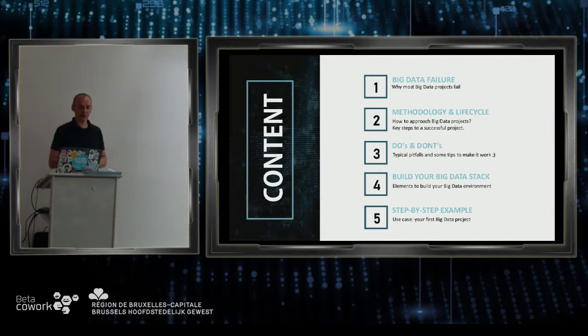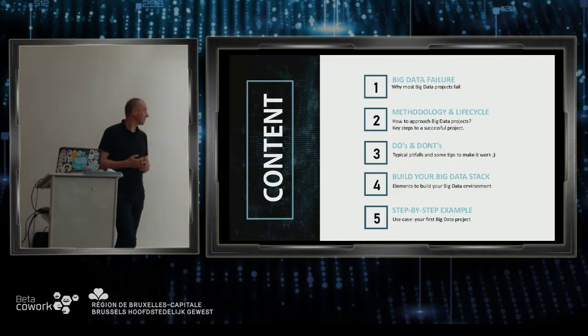And so there's 5 main topics we'll be covering. Why most big data projects fail. Maybe I'll ask some questions about this later. Then the methodology and the life cycle of a big data project, the do's and don'ts, the things that we learned and many others have gone through. How do you build your own big data stack from a technology perspective, like which tools should you use. But one of the main lessons is: make sure you first know what you're going to do and then pick the tooling.